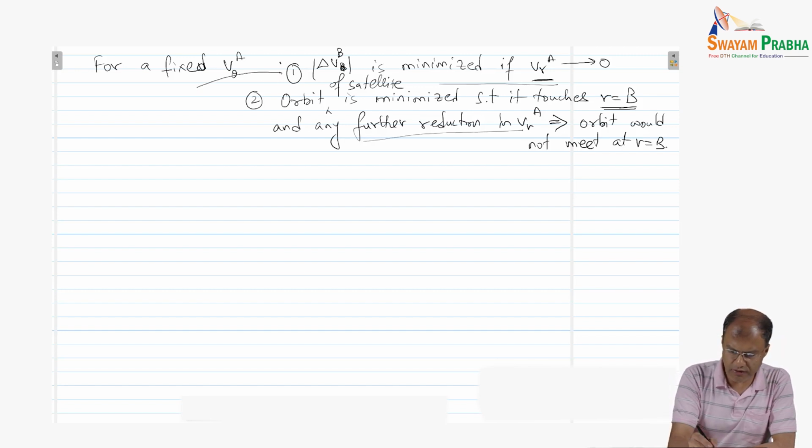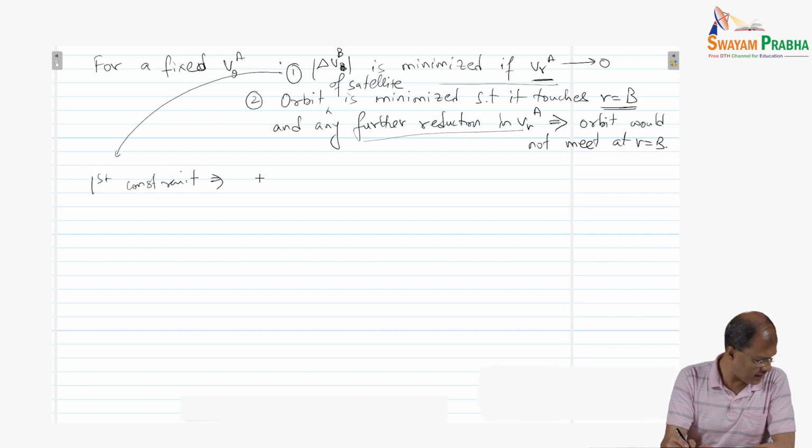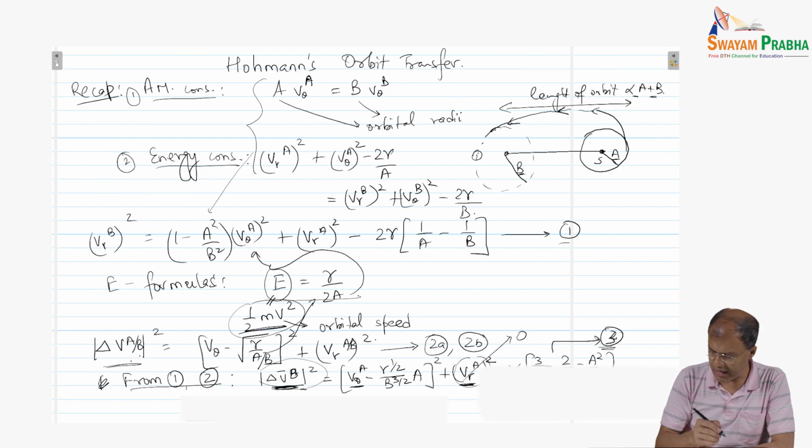Now in this first constraint, what we have is that the first constraint implies that L. So what is L here? Hold on, I need to also name some of these points here.